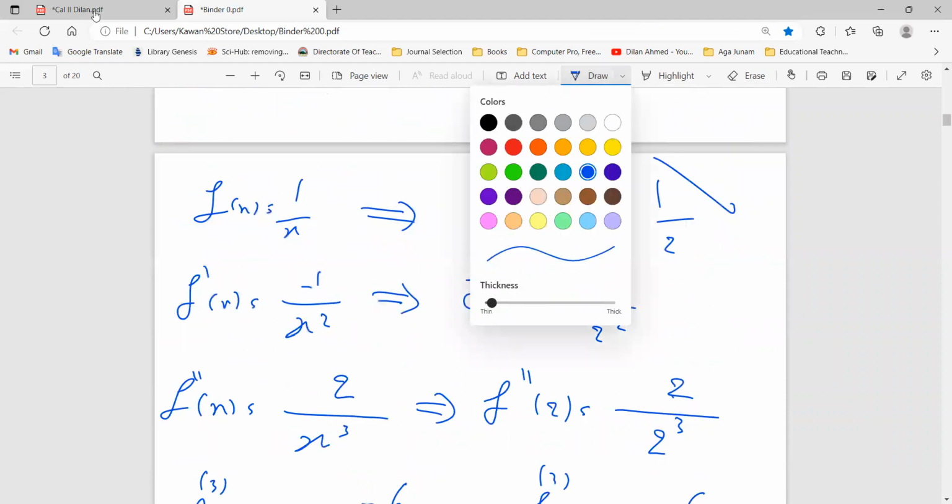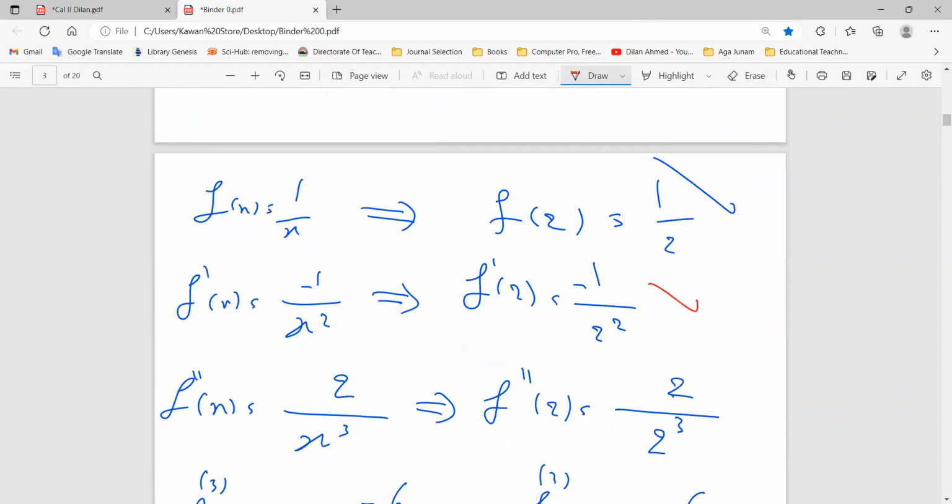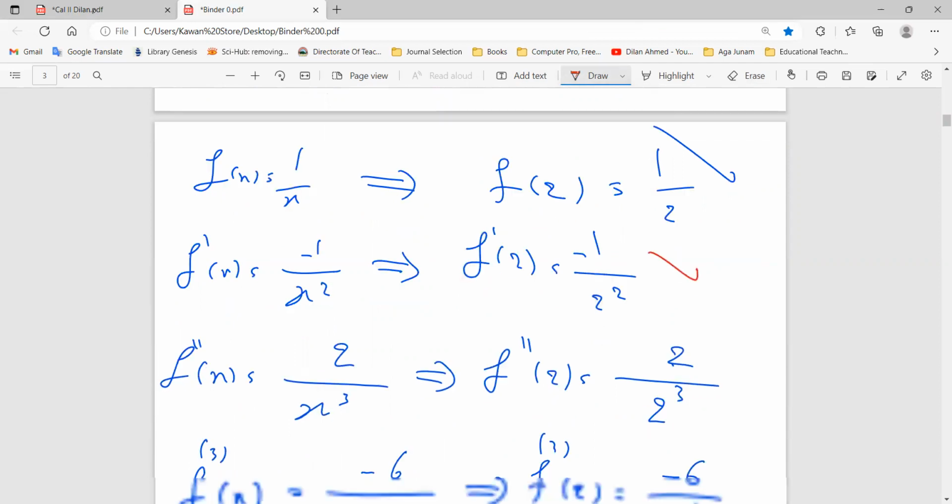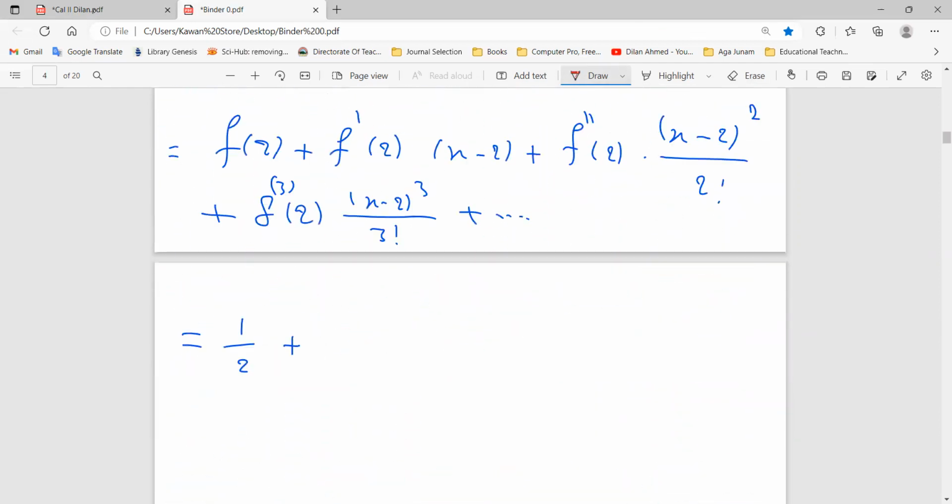Minus 1 over 2 squared, times (x − 2). Plus, I have this formula, right? So how about f double prime?